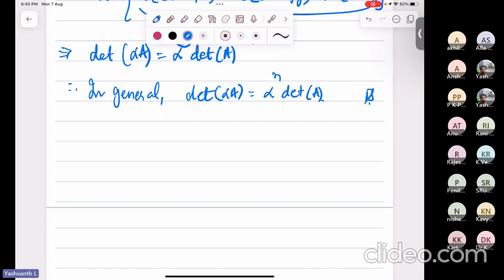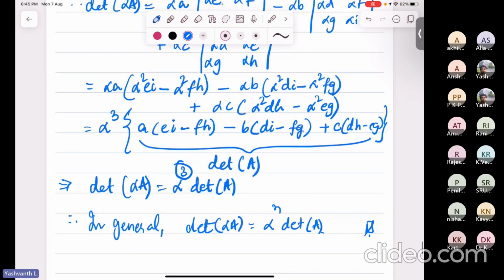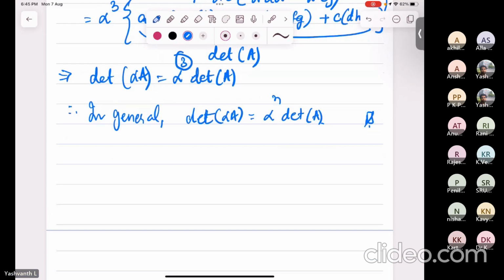Now, there are a series of properties which I'm going to just state without any proofs or examples, but they will come really handy to understand further concepts in the course.